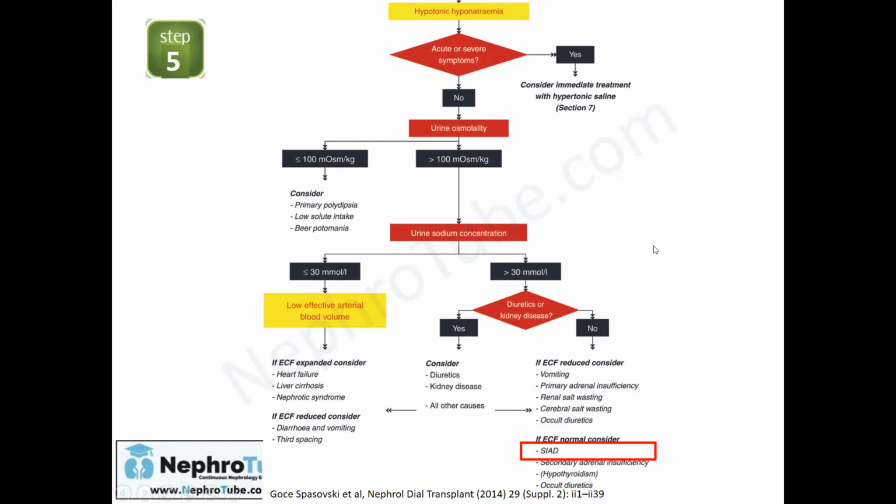So if I exclude all other causes of hyponatremia, SIADH syndrome is the diagnosis? The answer may be no, because we have another important cause of hyponatremia with high urine sodium, but with low extracellular fluid volume, which are renal salt wasting and cerebral salt wasting.